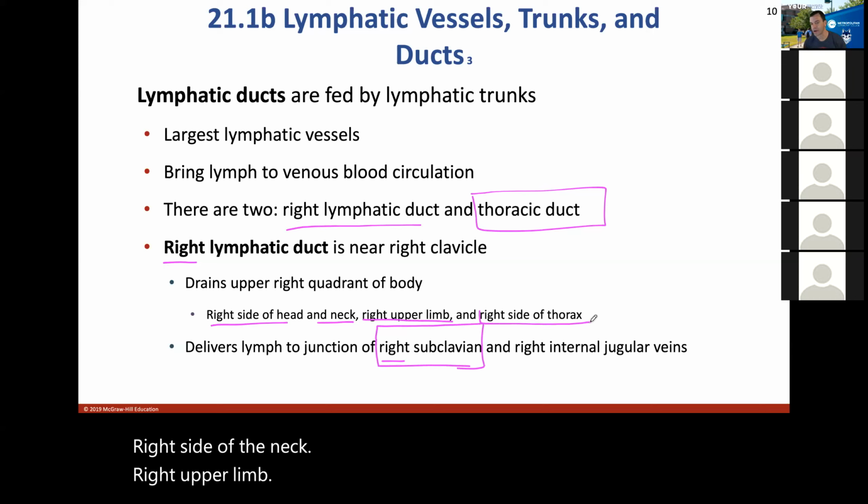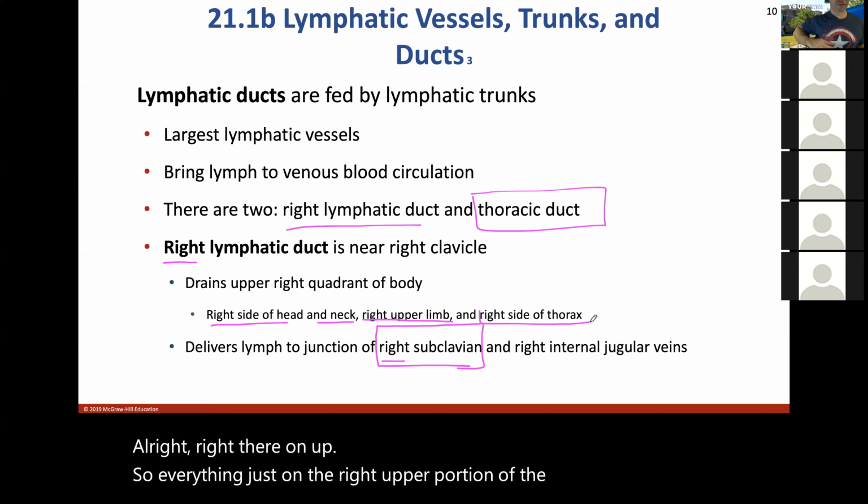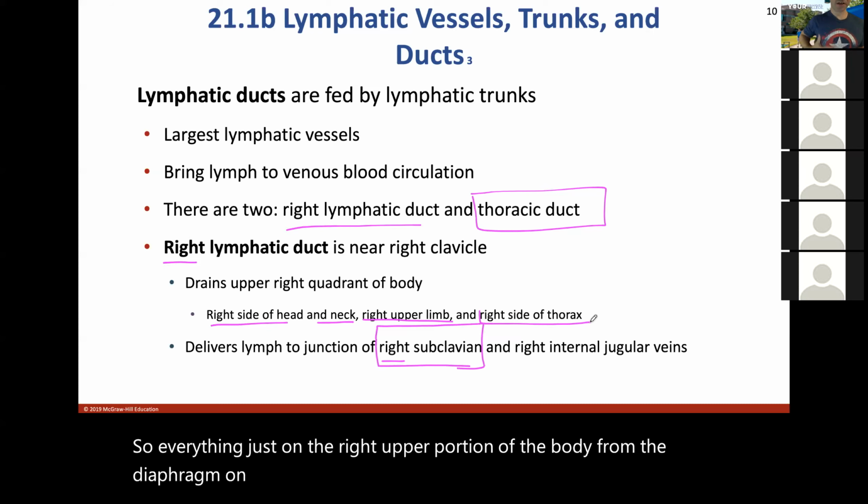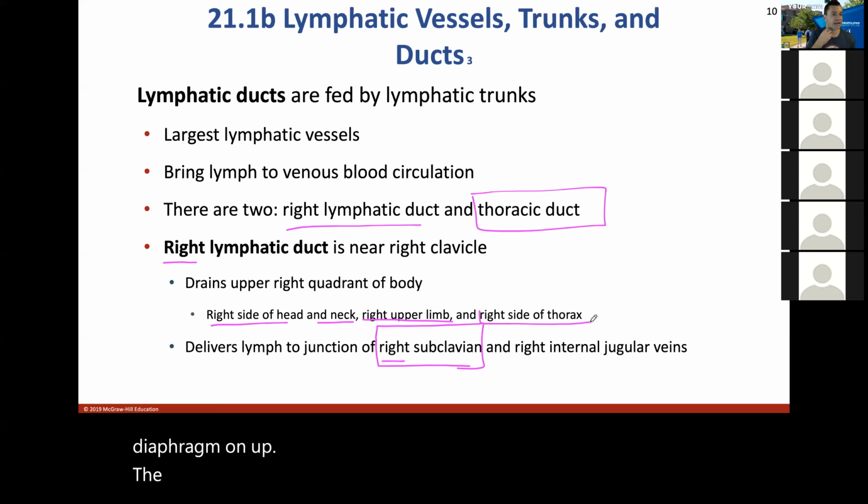And the right hemithorax, to the diaphragm. So everything just on the right upper portion of the body, from the diaphragm on up. Okay, the right thoracic, right neck, right side of the face, right arm.